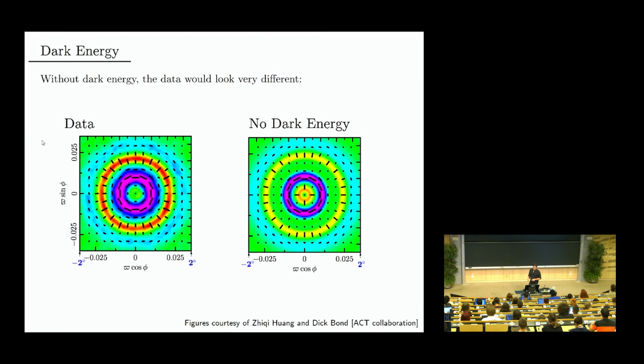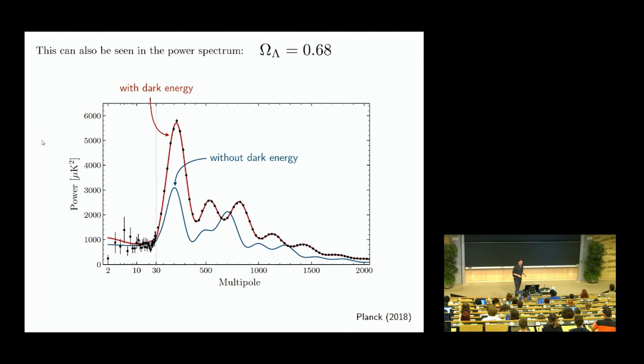Now I can do the same trick with dark energy. What happens when I take all the dark energy out of my simulations and compare it to the data? Again, by eye, you see these stacked maps look very different, and the measured power spectrum looks very different from the predicted power spectrum. That's, very roughly speaking, how we determine the amount of dark energy in the universe, by fitting to the data and extracting the parameters from those fits.